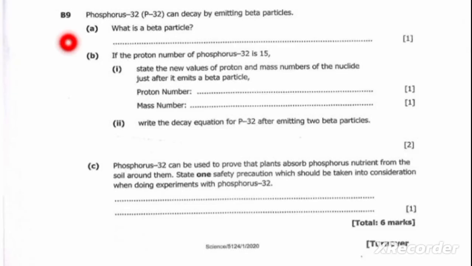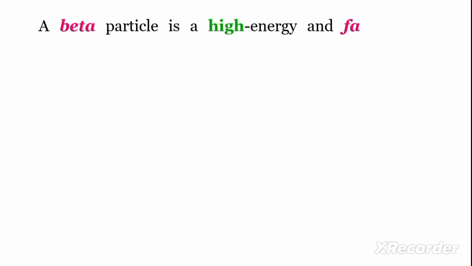B9. Question B9 reads, phosphorus-32 can decay by emitting beta particles. Question A, what is a beta particle? The question is carrying 1 mark. We are going to say a beta particle is a high energy and fast moving electron.